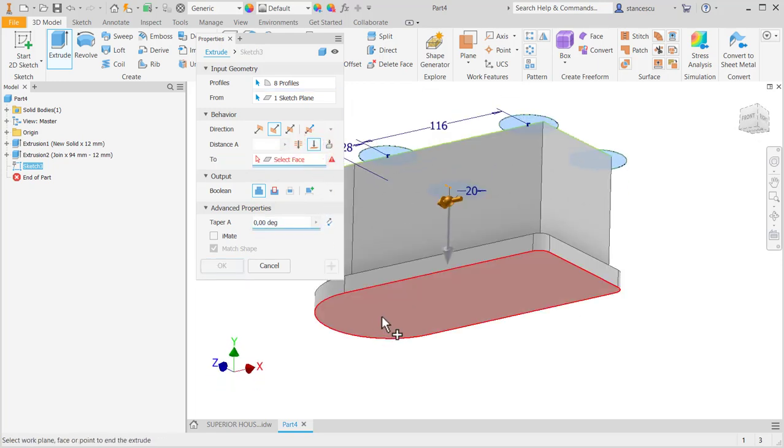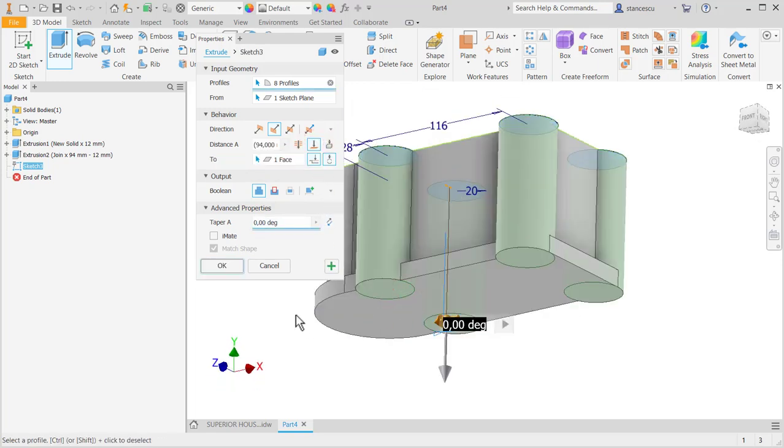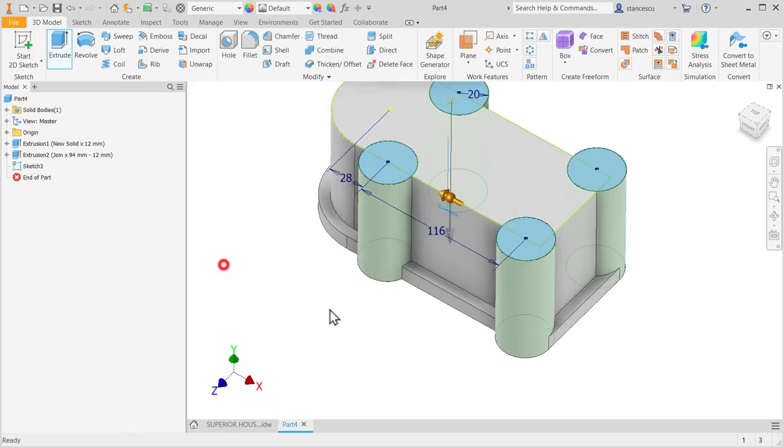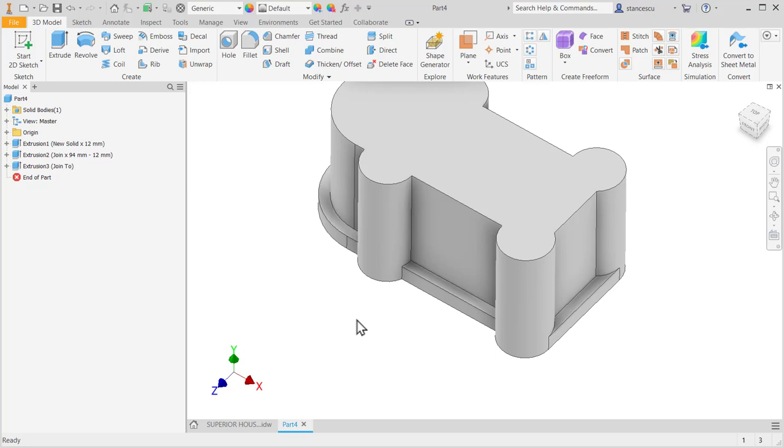To what? To this face. I don't measure them, but I apply 2.